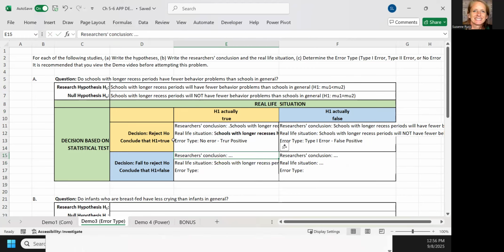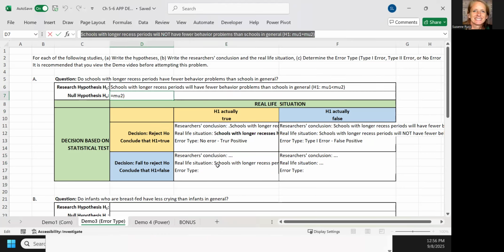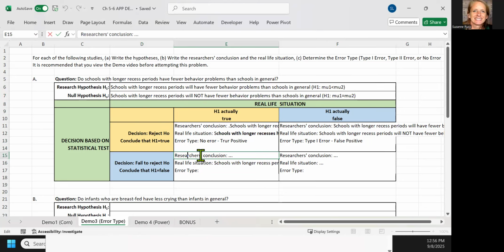And the researchers concluded that the null was accurate, so we'll copy this in. So in this case, we can definitely see that we have an inconsistency. What type of inconsistency? It's a type 2 error, or a false negative.